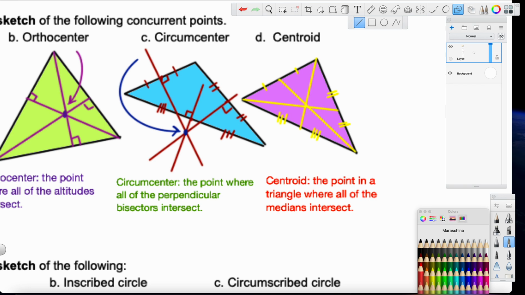Right? So these opposite sides are midpoints, and then we're going from the vertex here. So here's the centroid right there.